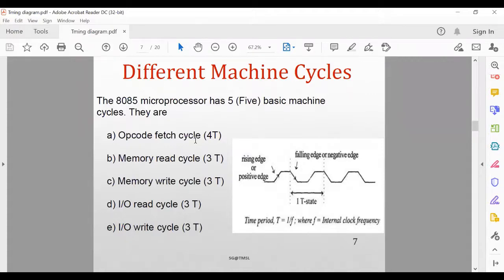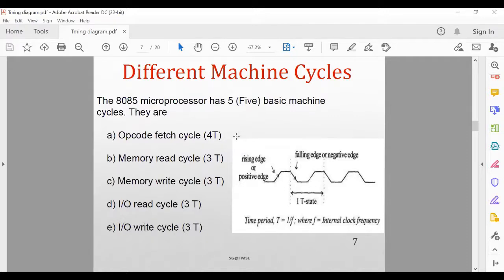Every instruction has as its first machine cycle the opcode fetch machine cycle. And in the maximum number of cases it requires 4 T states. There are certain exceptional instructions that need more than 4 states to perform this opcode fetch machine cycle. I will discuss it another time.